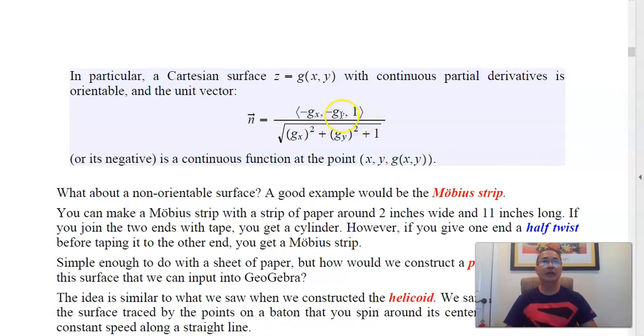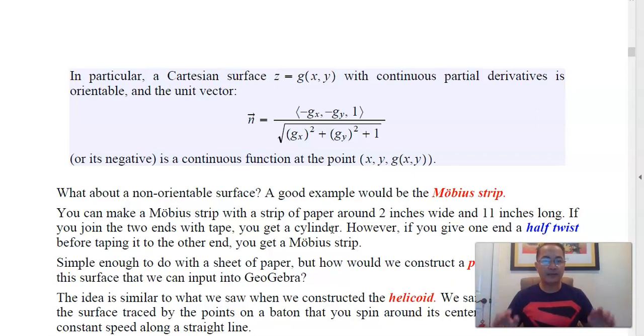To make that unit vector, we divide by the length. So we square the two partial derivatives and we add 1. In this case, that's a positive 1. This vector is always pointing upward, but it might tilt a little bit. The z coordinate of that vector is always positive 1.